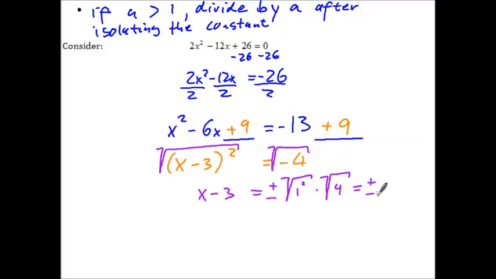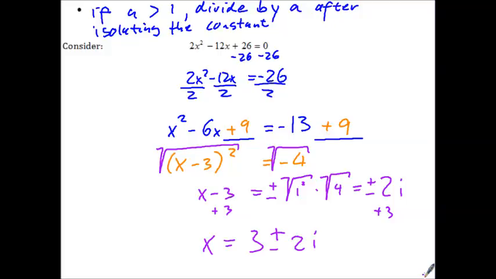So we got positive and negative 2i as the solution of the square root. Now the last thing we need to do is add 3 to both sides of the equation, and our solutions are x is equal to 3 plus or minus 2i.